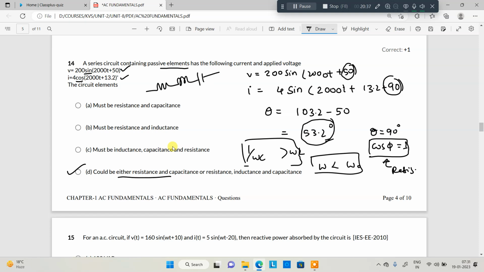It could be either resistor and capacitor, or resistor, inductor and capacitor, but we can't decide it, so RLC. So option D is the correct option.